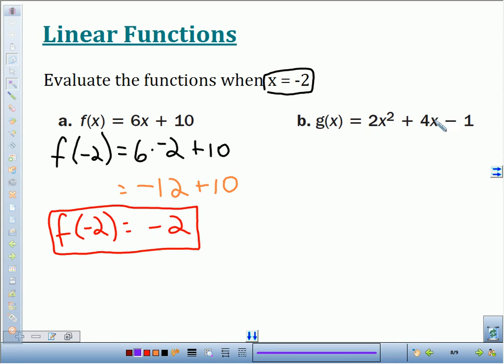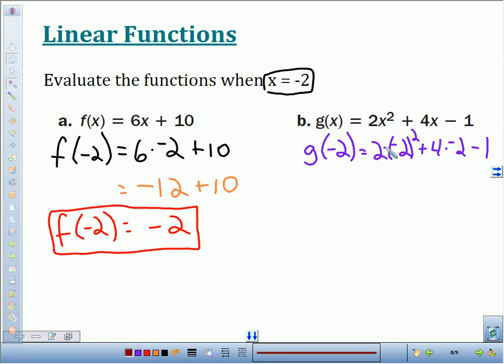Now let's try it with g of x. We want to know what g of x is when x equals negative 2. So we start by plugging in negative 2 for x. And I have 2 times negative 2 squared. I'm going to put parentheses around it so that I know that I'm squaring negative 2, plus 4 times negative 2 minus 1.